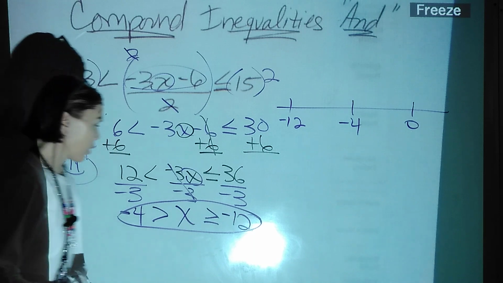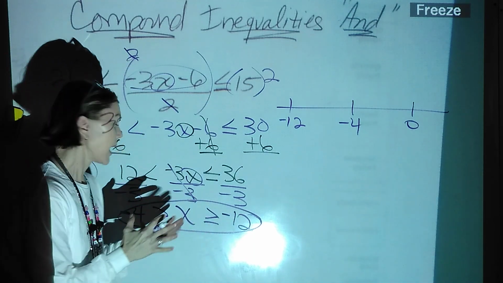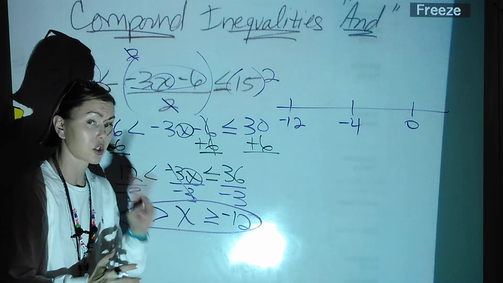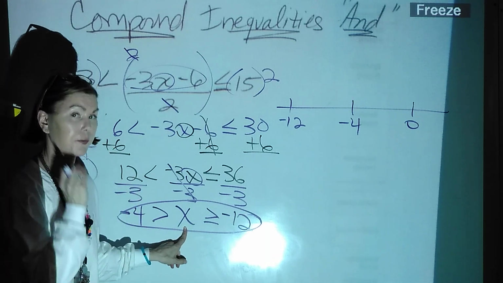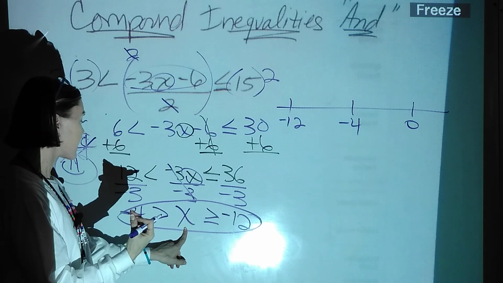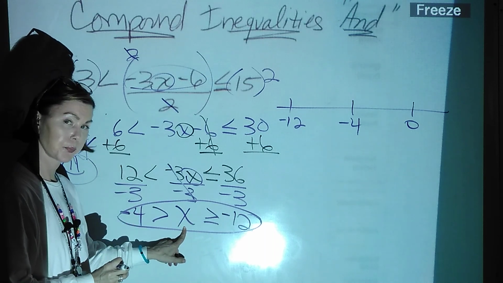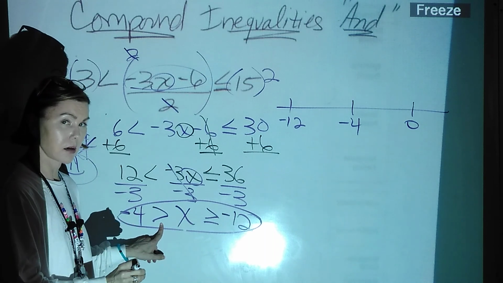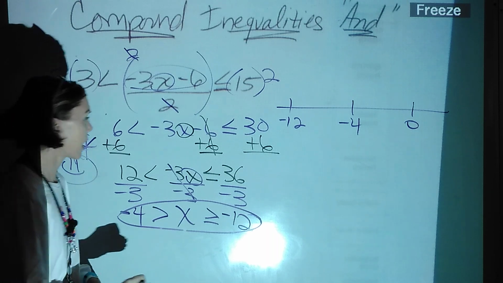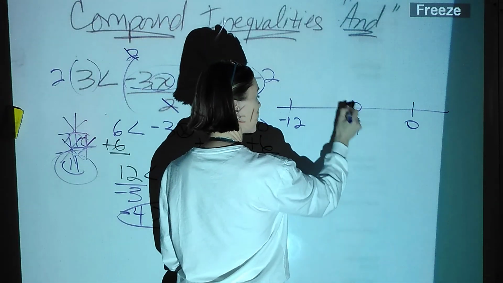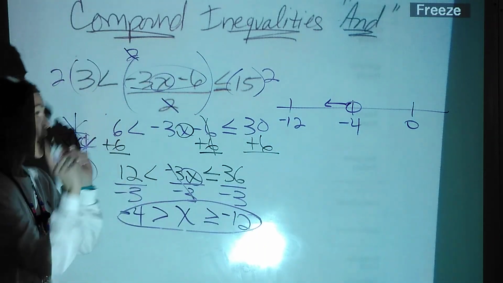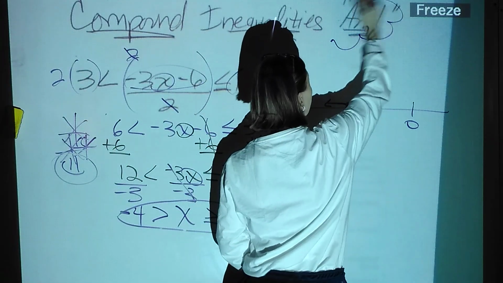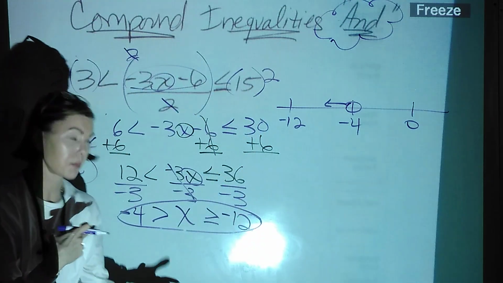In order to graph this properly, we have to say this compound inequality twice, and both times we're always going to start with saying the variable first. So we start by saying X is less than -4. On the -4, we put the open circle and point that arrow to the left. And that's where the "and" comes in.